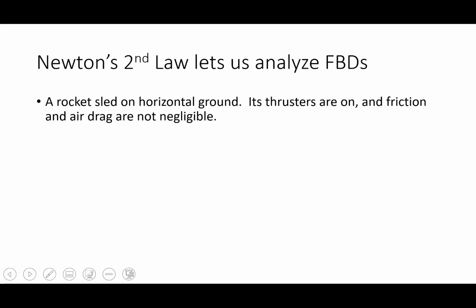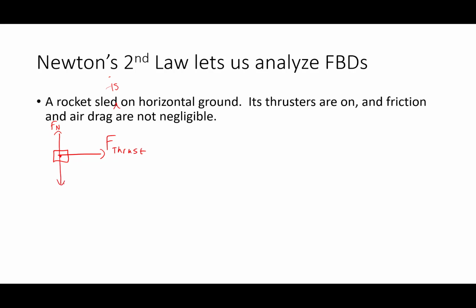Let's do another example. A rocket sled is on horizontal ground. Its thrusters are on, and friction and air drag are not negligible. So let's sketch out a free body diagram and set up the laws of motion equations. Rocket sled has thrusters, which apply a thrust force forward. We know since it's on the ground, there's going to be a normal force up.